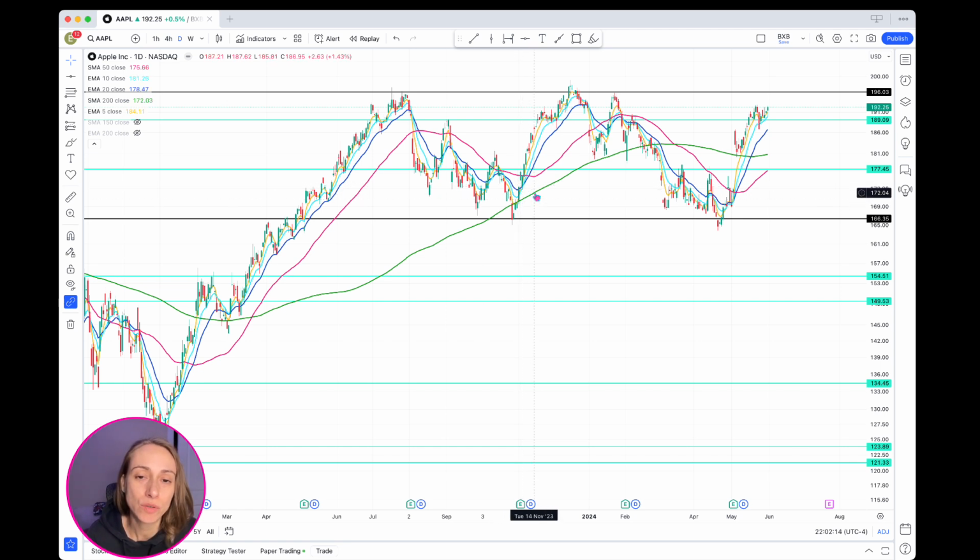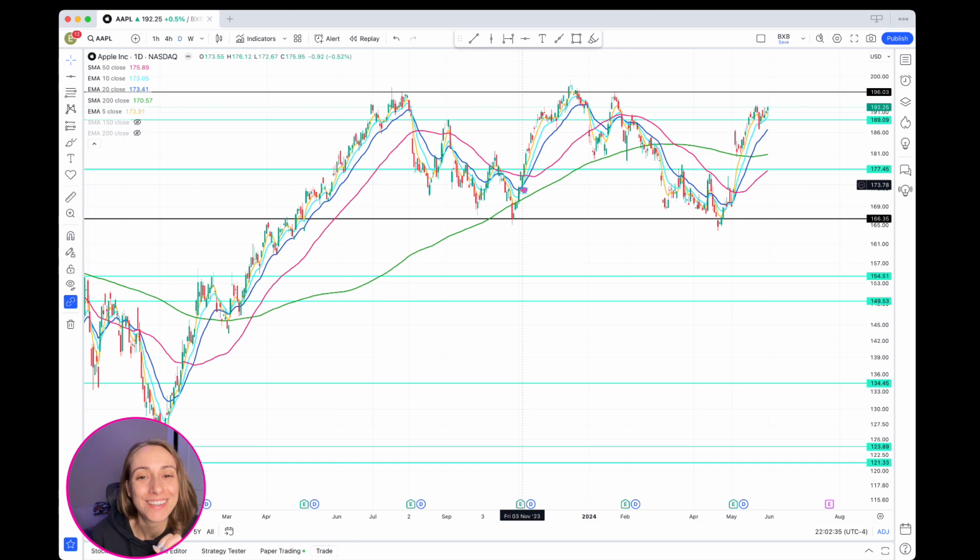I've got the 200 that is rising, I've got my EMAs crossing, I have my 50, it started to flatten versus it was coming down here, but here I would consider it a little bit more flat. So here my setup would be met, and then I would get in.